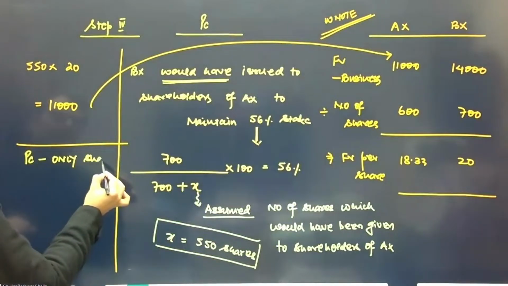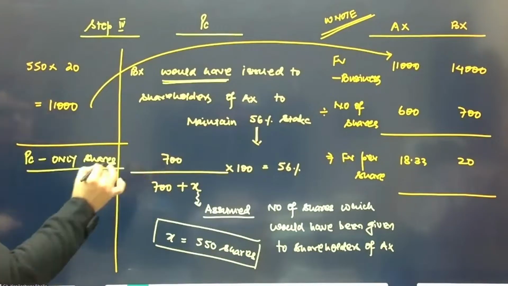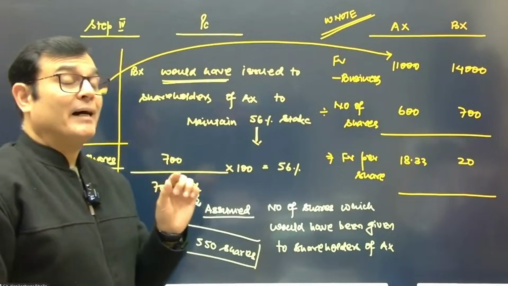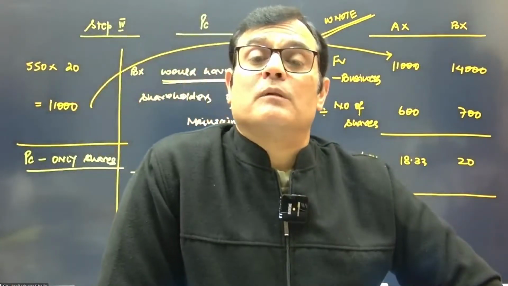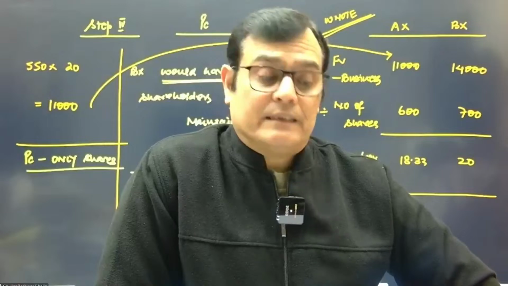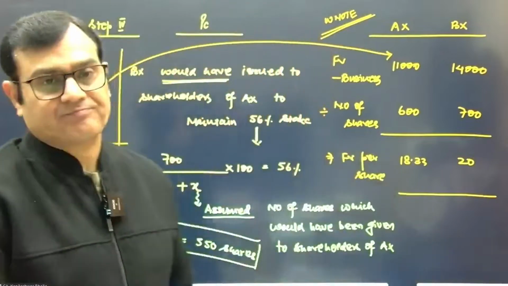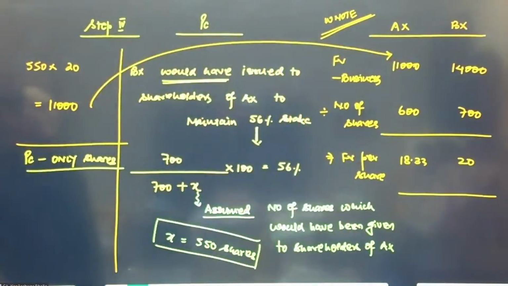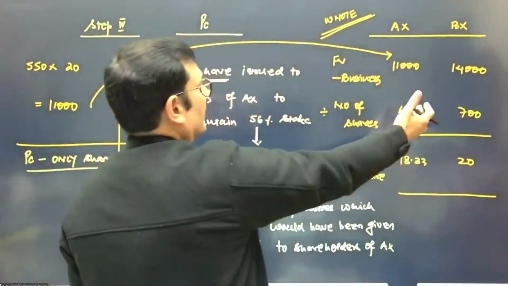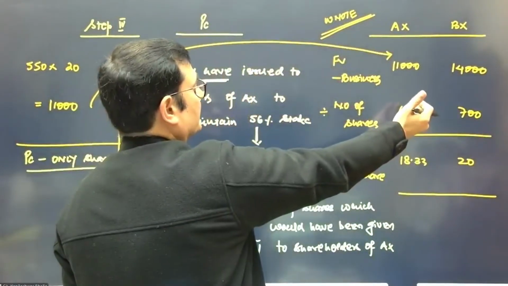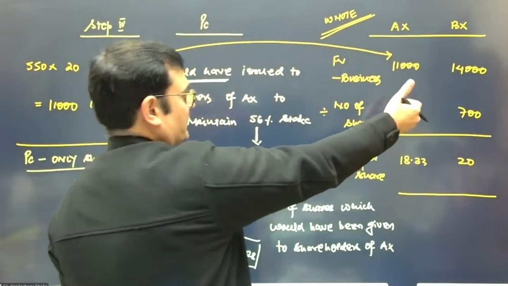Let me ask the question carefully: by issuing these 550 shares, how many shares would BX have acquired in AX? By giving the shares to AX, how many shares would BX get control over AX?